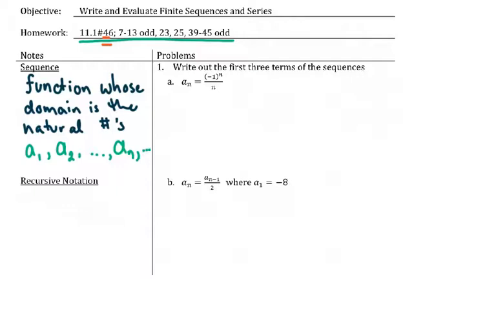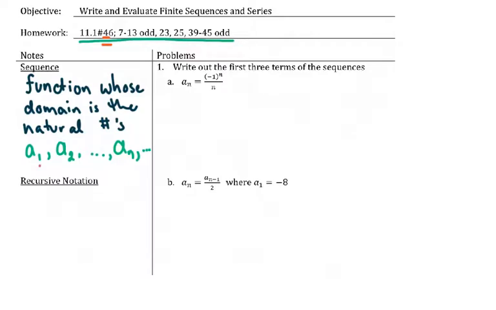So let's do A here, and then we'll talk about recursive notation since it shows up in B. For part A, it says, write out the first three terms of the sequence a sub n is equal to (-1)^n over n. So this is what we call our nth term. This is the actual function itself, where n is the variable.